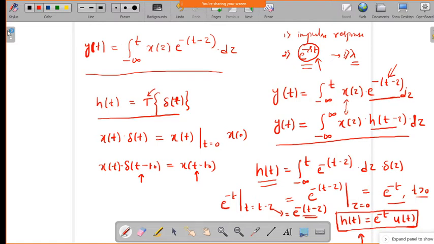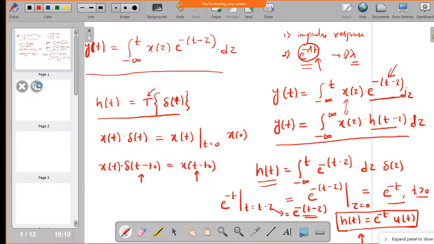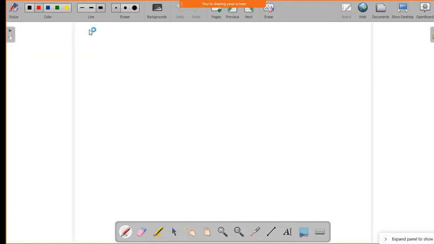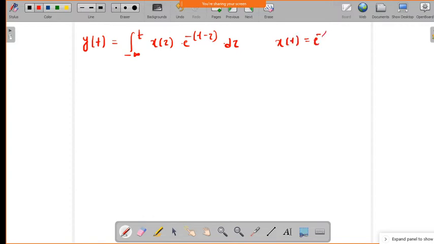So what will you get? Put this in that equation, that is y of t equal to integral from minus infinity to t of x of tau into e power minus of t minus tau d tau. Now put x of t equal to e power minus st.